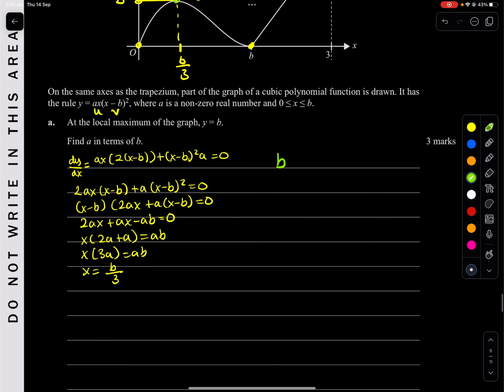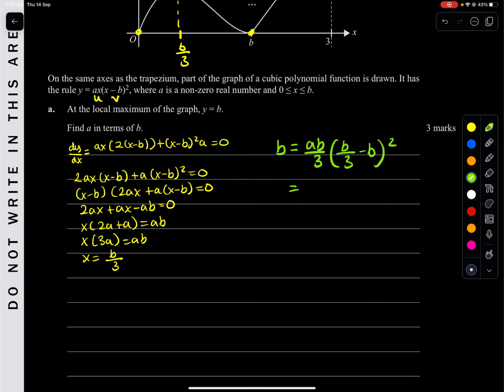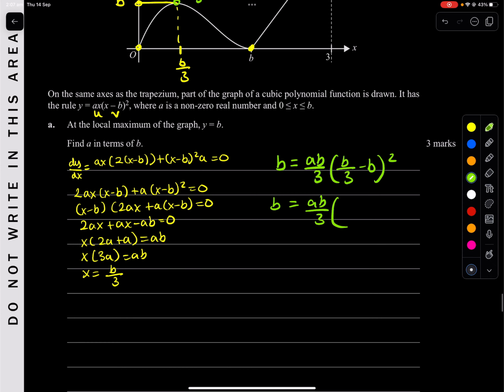So we can say b is equal to a times b on 3, times b over 3 minus b squared. So that's b minus 3b on 3, so negative 2b on 3.